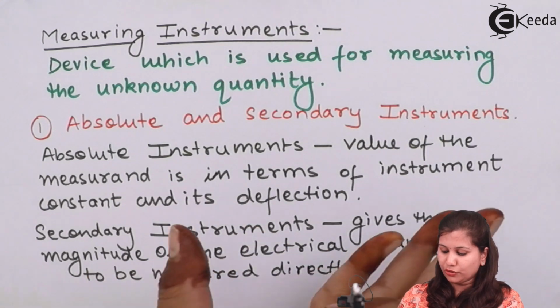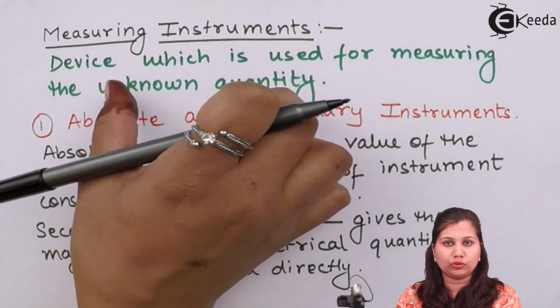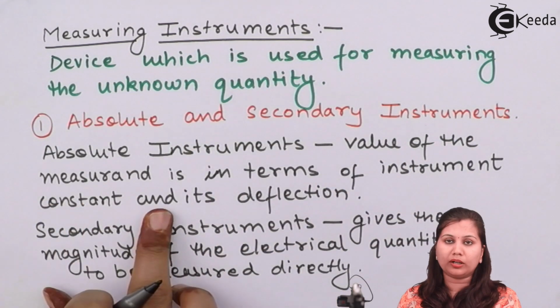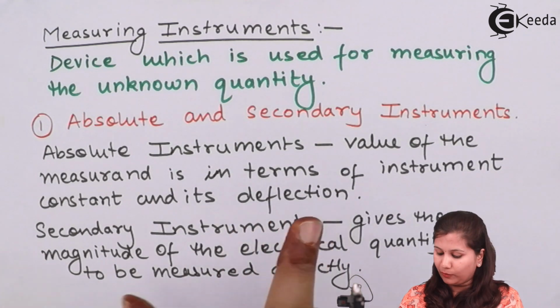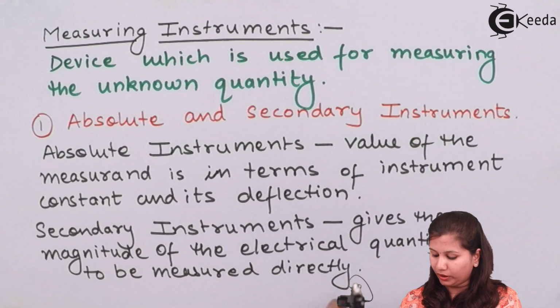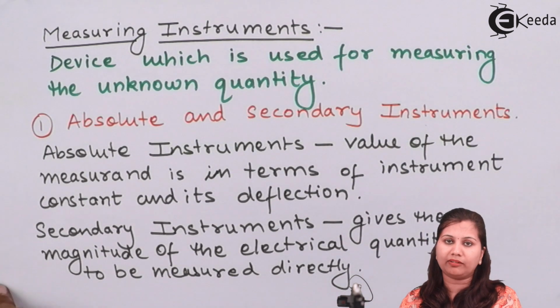Absolute instruments give the value of the measurand, the unknown quantity which we want to measure, in terms of the instrument constant and its deflection. Whereas secondary instruments give the magnitude of the unknown quantity to be measured directly. Directly they will provide us the value.